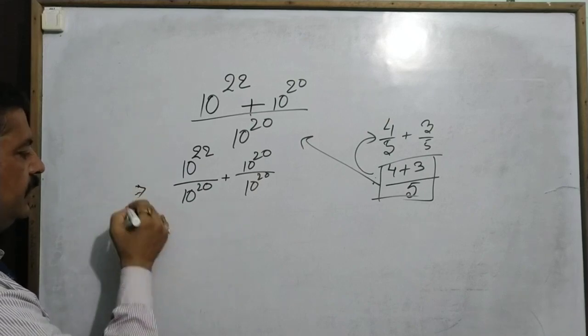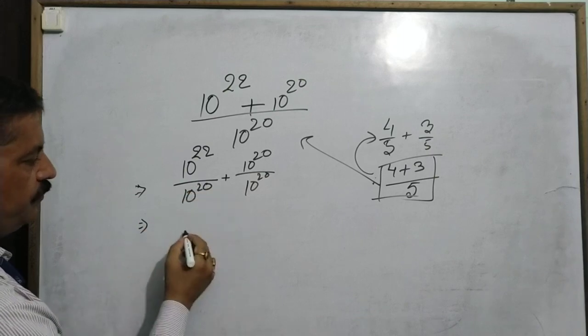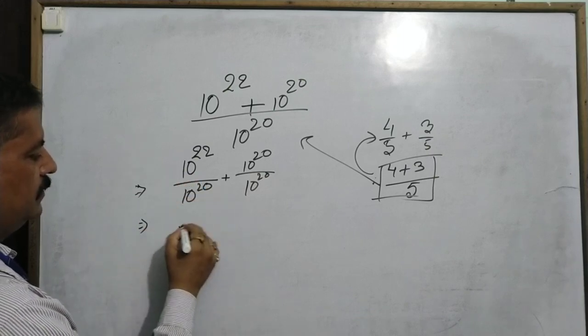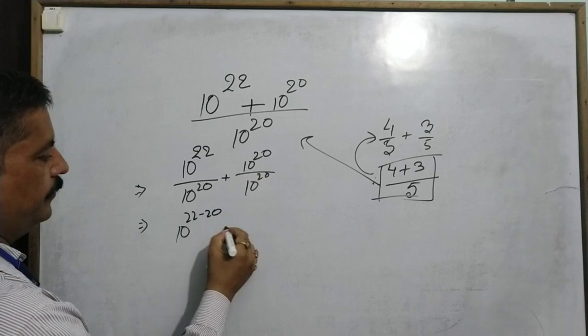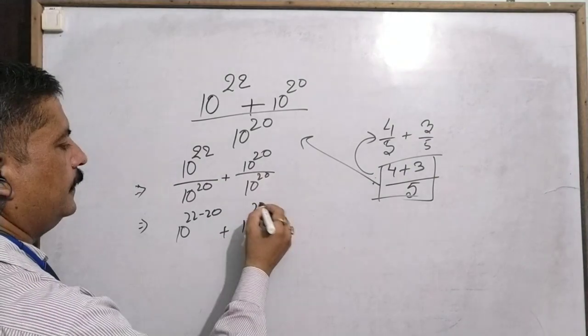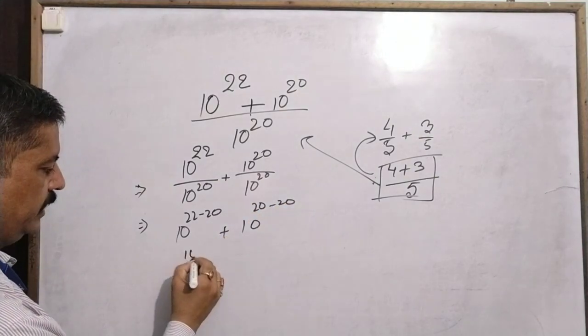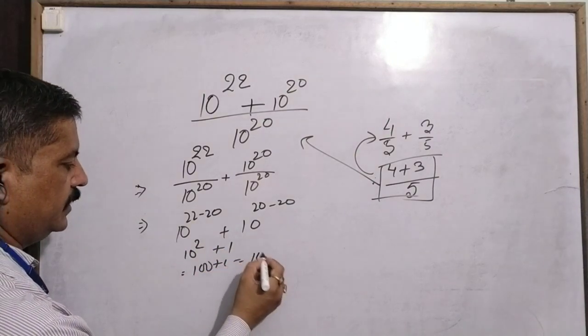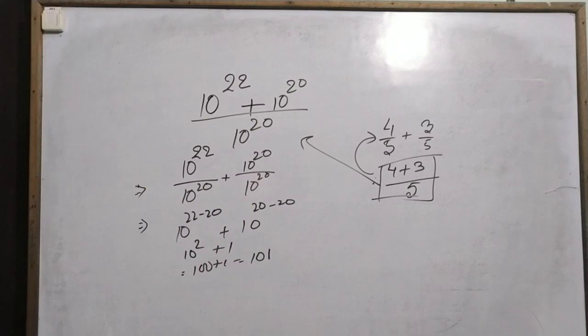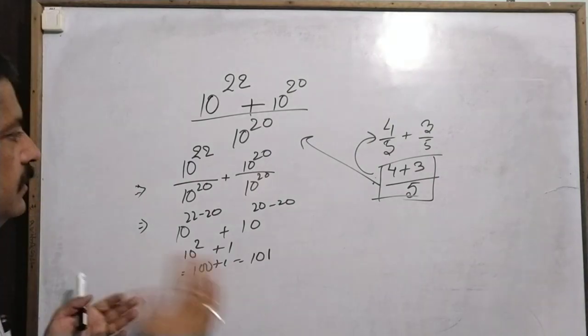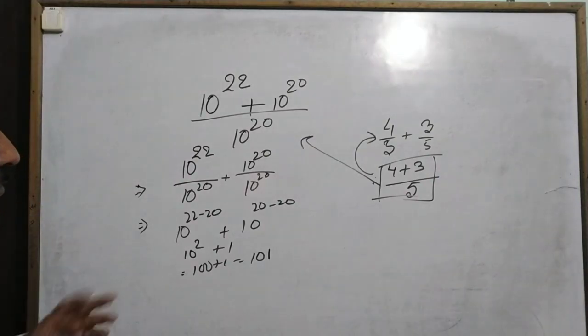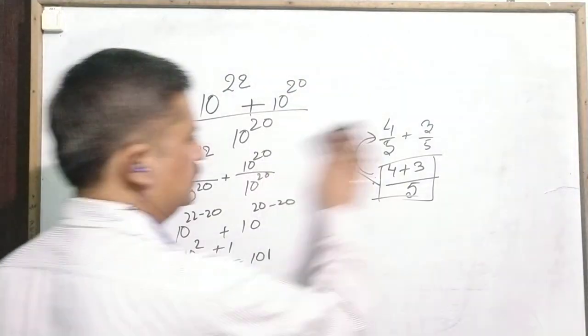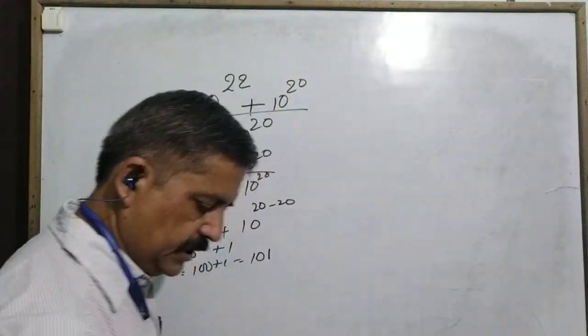We may also use a different method. First of all we use 10 to the power 2 plus 1, so 100 plus 1, equals 101. That's one way. For the second way, we use the laws differently.